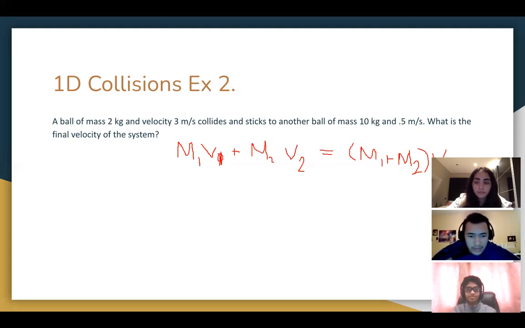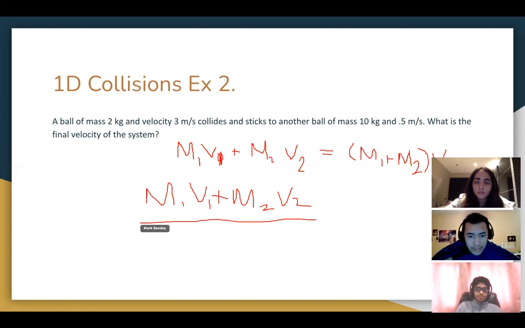We're going to have M1 V1 plus M2 V2 over M1 plus M2, and that's equal to V.